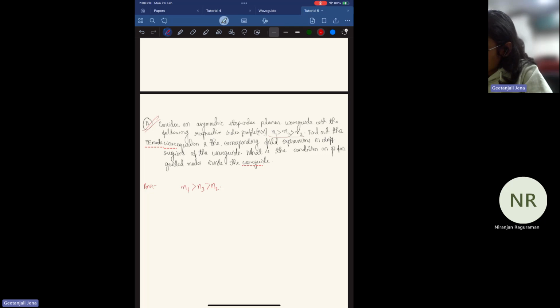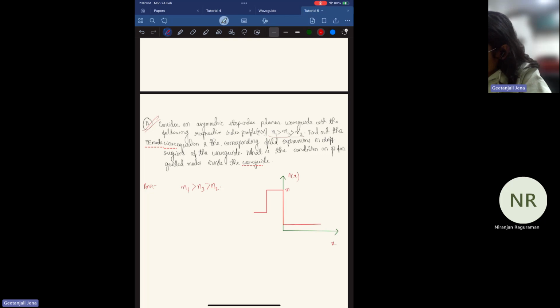So first, let us look at the profile. So we have n(x) versus x.